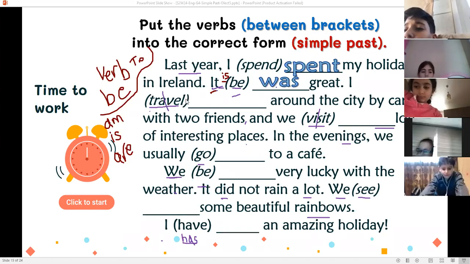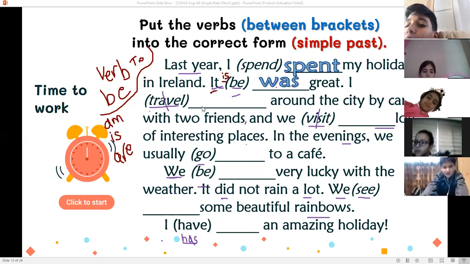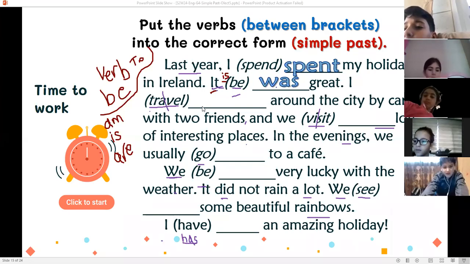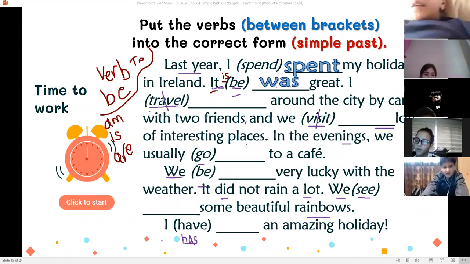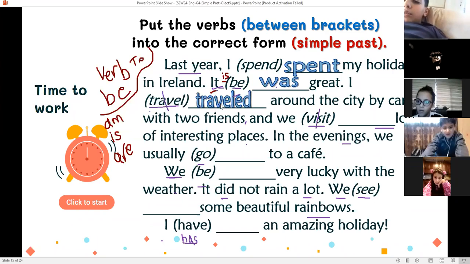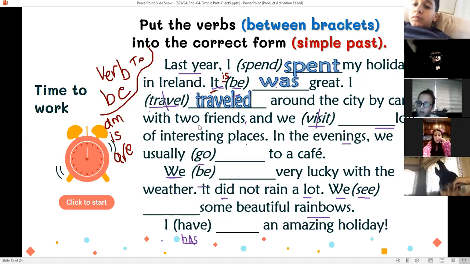Should you double the last letter or only add ed? Double. Add ed. We only add ed, okay? Travel, ed, traveled. Traveled around the city by car with two friends.